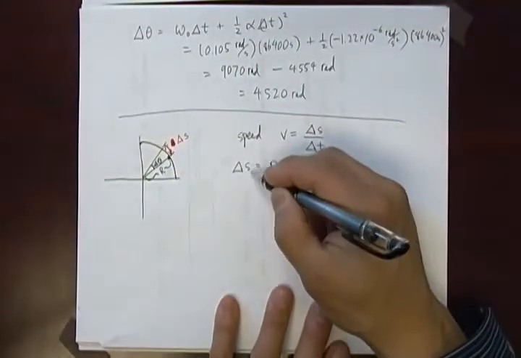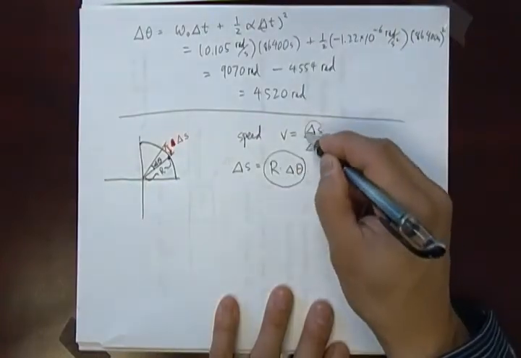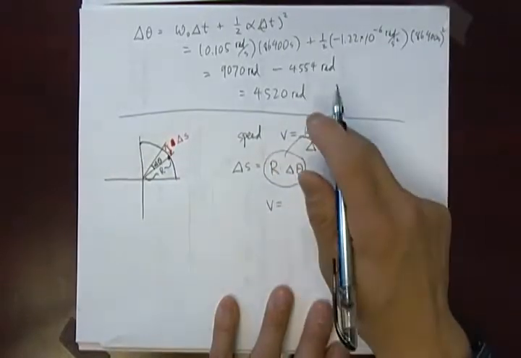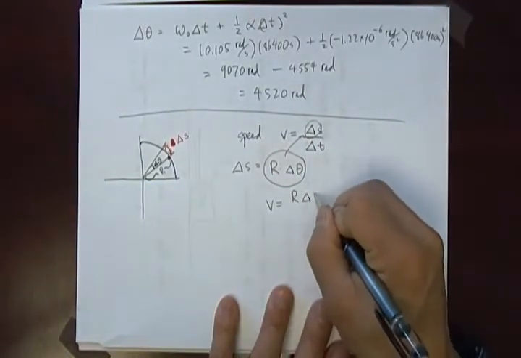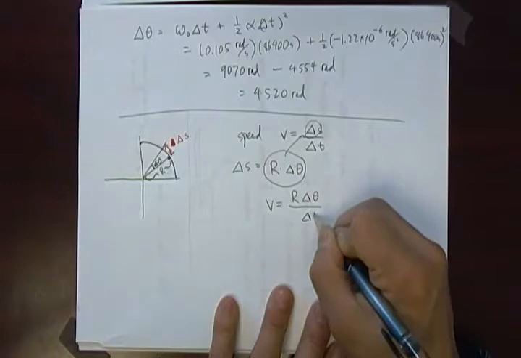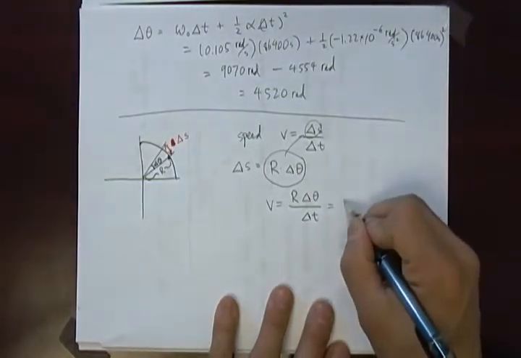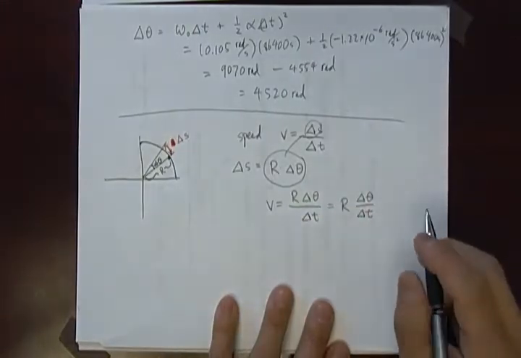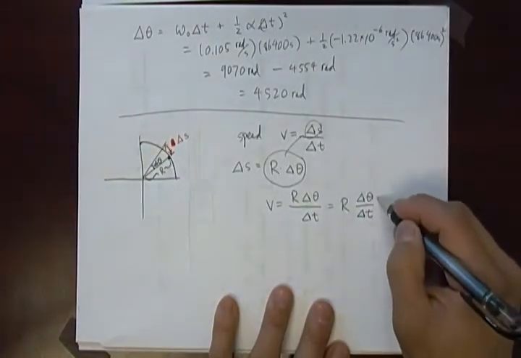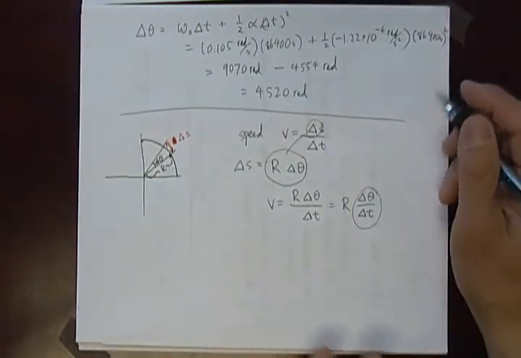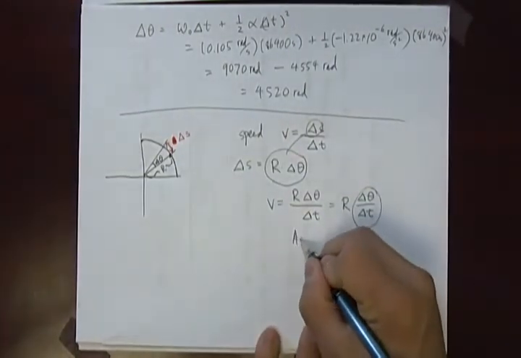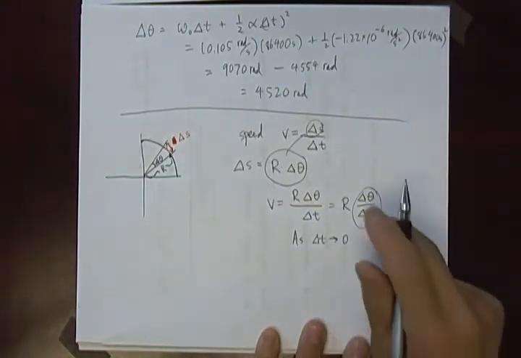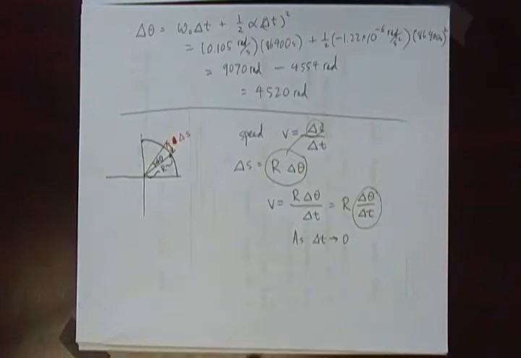So we have an expression for delta S, and we're going to plug that in here. And so we'll get that v is equal to r delta theta divided by delta t. Then I'll rearrange things, so I'll have delta theta over delta t times r. You'll notice that this thing, in the limit as delta t goes to 0, is my angular velocity.